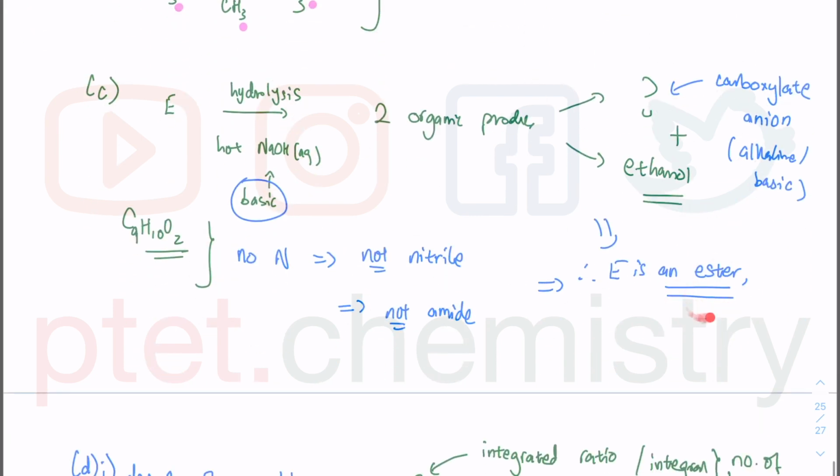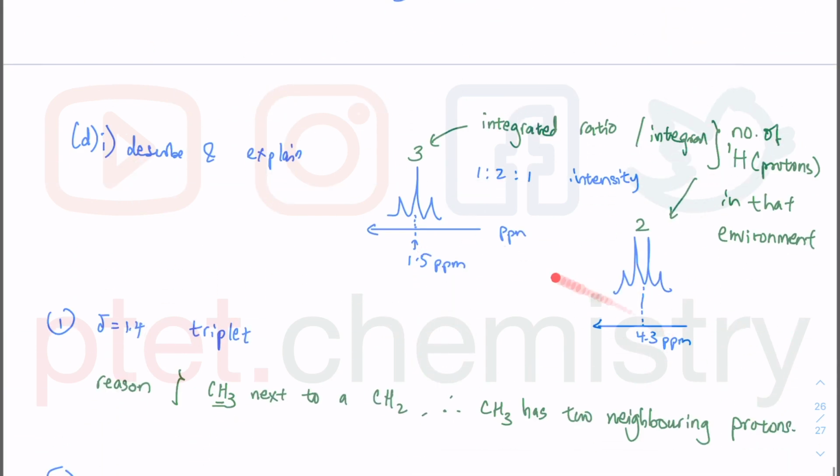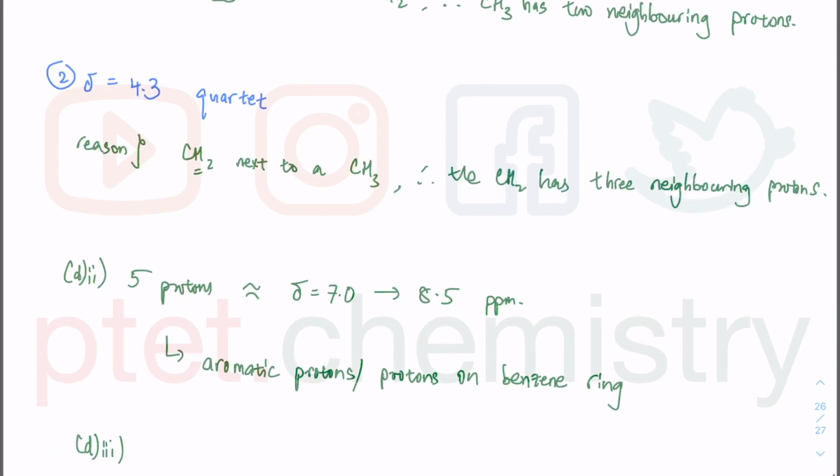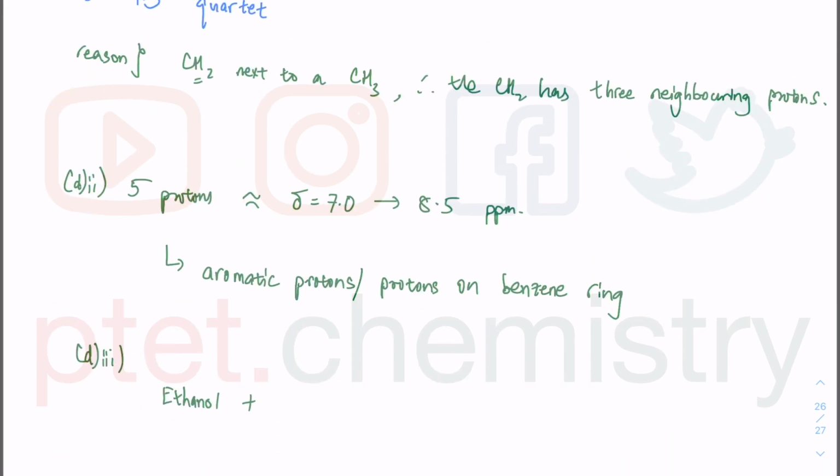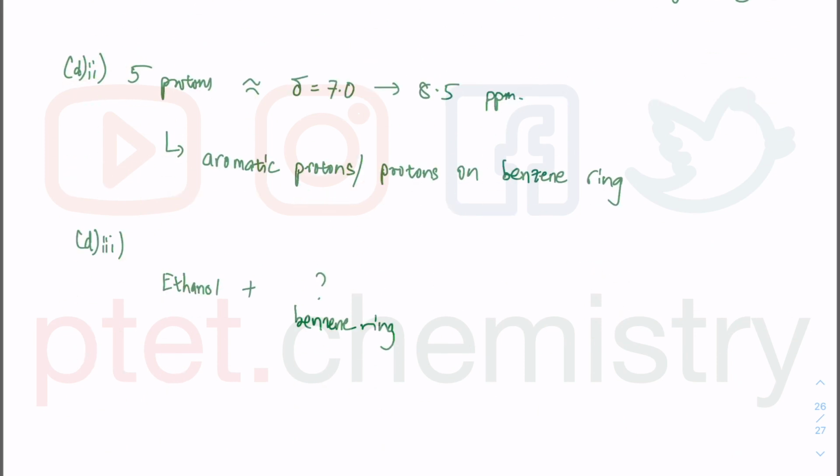We know it's an ester, so we need to identify this acid, and this acid comes from E. There's no benzene ring in the other part, but E is the ester, and it has a benzene ring because of this part here. So we must have something with a benzene ring, and it must be the carboxylic acid. So the benzene ring has a carboxylic acid.